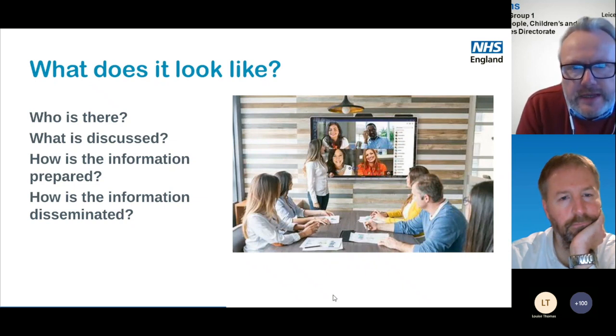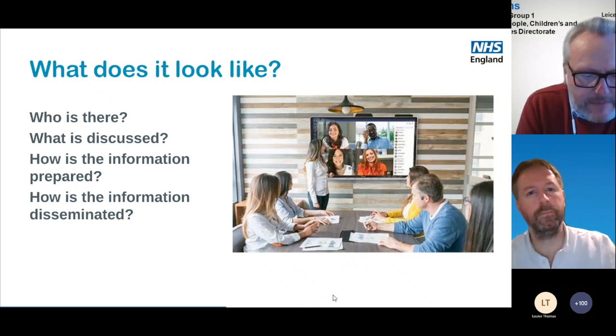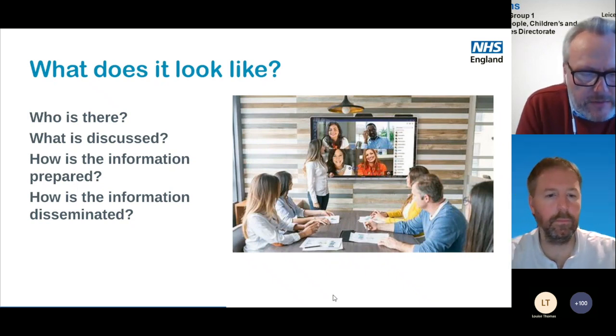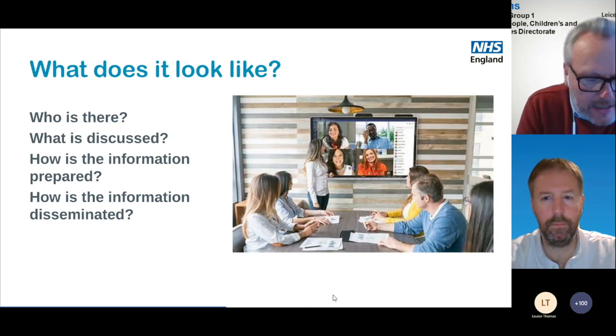Probably the most crucial person to be part of PTL is a business information analyst. That's really crucial in terms of being able to build the reports, walk us through them, analyse them, and take any questions on that. Ops and clinical leads obviously are part of PTL, as well as our admin management leads, because that's quite important in terms of slot allocation.